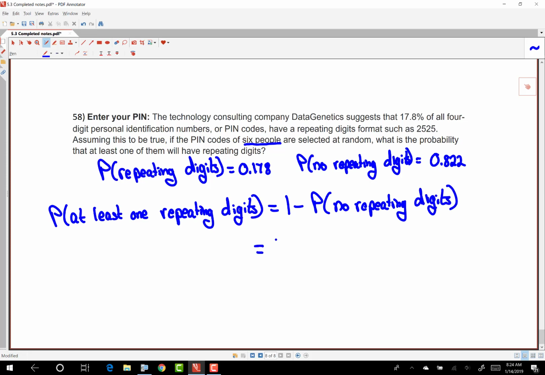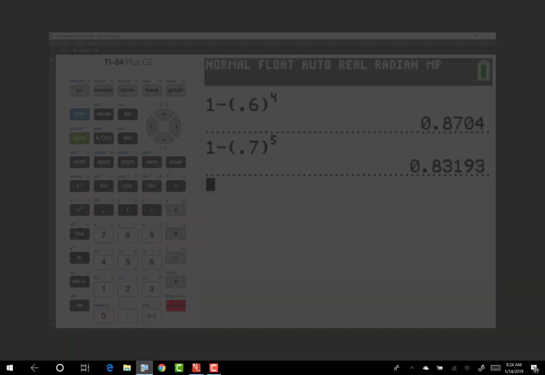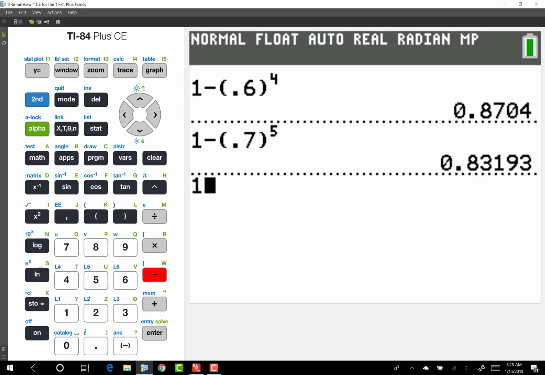So that's going to be 1 minus. Now the probability of having no repeating digits is 0.822. And you're going to multiply that 6 times for each of the 6 people. So that'll be raised to the 6th power. And so we're going to take 1 minus 0.822 to the 6th power.